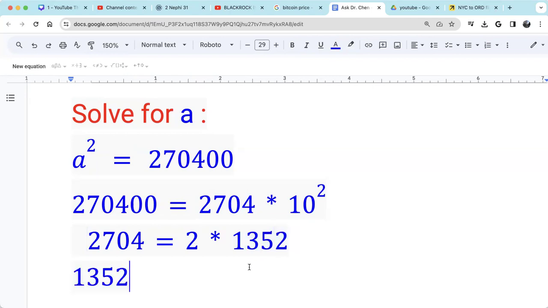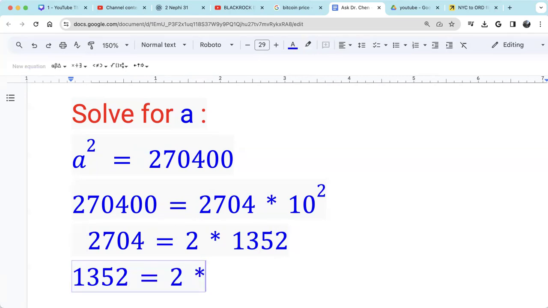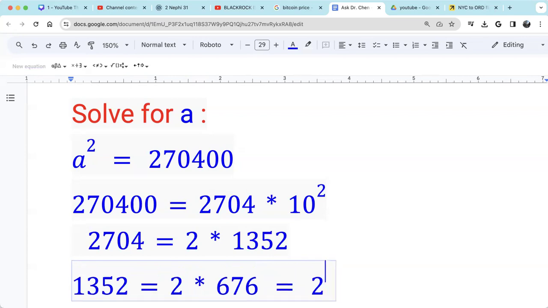So now 1352 equals 2 multiplied by 676, right? So we can keep going. That's 2 squared. So we divide 676 again. So 2 squared multiplied by 338.